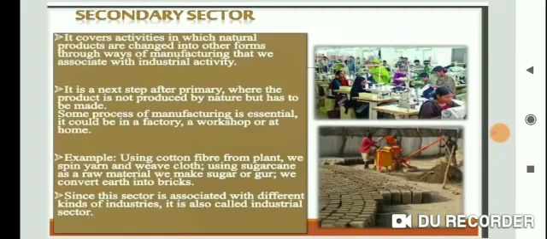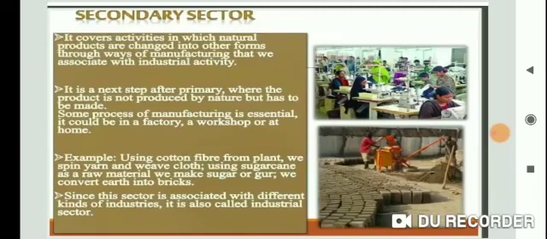These activities therefore include manufacturing, processing and construction, infrastructure industries. Natural products are changed into other forms.